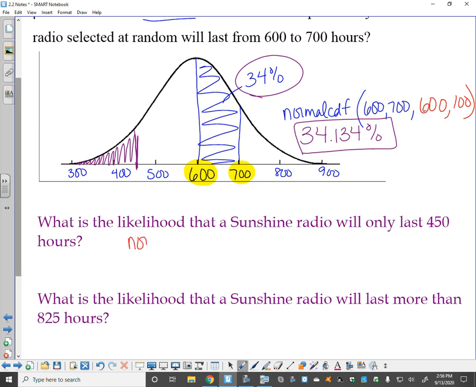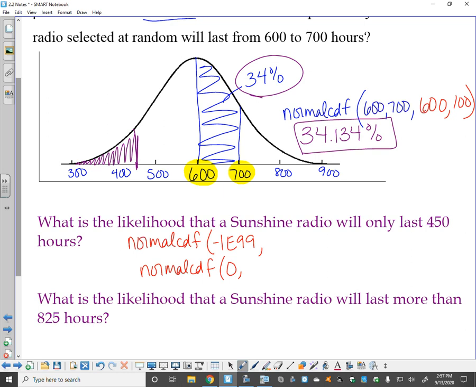I'm going to normal CDF. Now, you have two options. You can go all the way to negative infinity, or you can dabble a little common sense on this particular problem and know that the life of a radio can't be negative. So it could last for 0 hours.